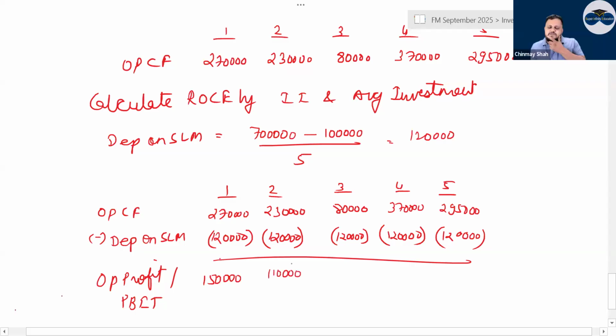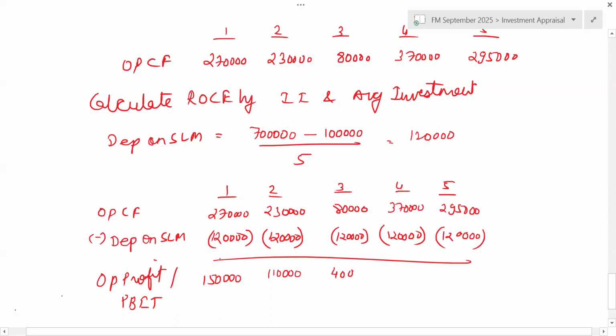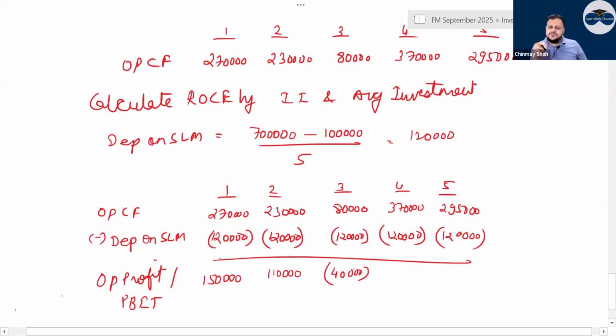Third year there is a problem. Is there profit or loss? Loss. 40,000 loss. Will you consider the loss in your average PBIT calculation? Consider, correct. Next year 250. Fifth year?